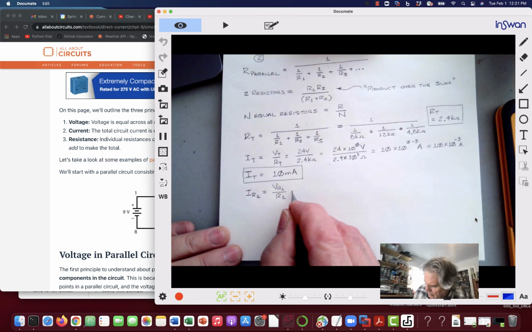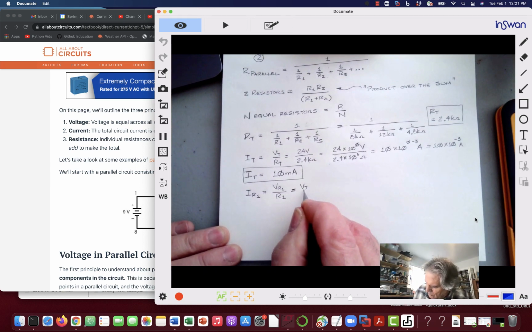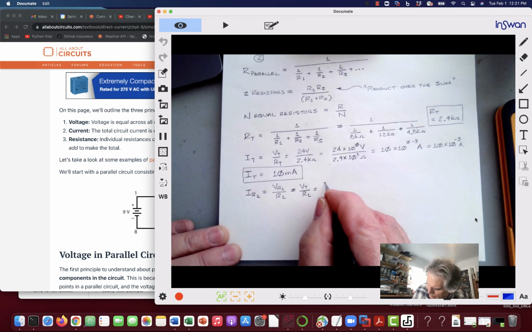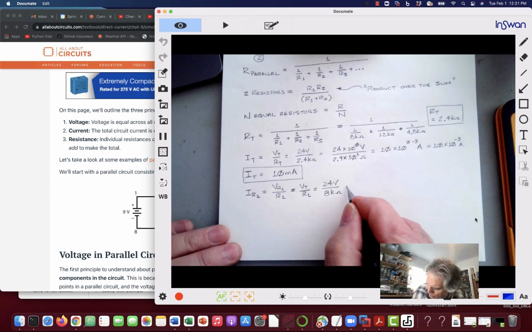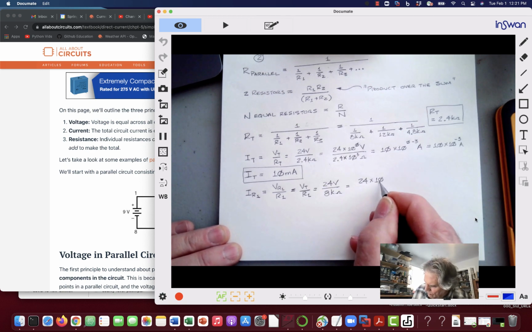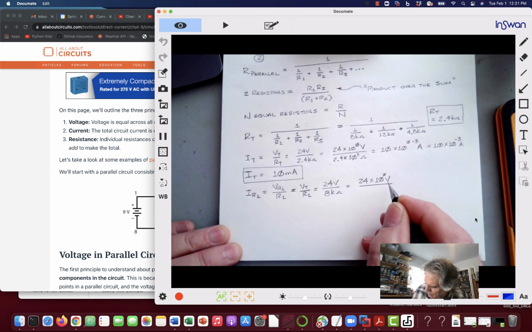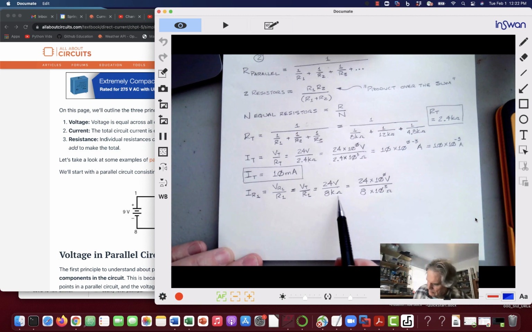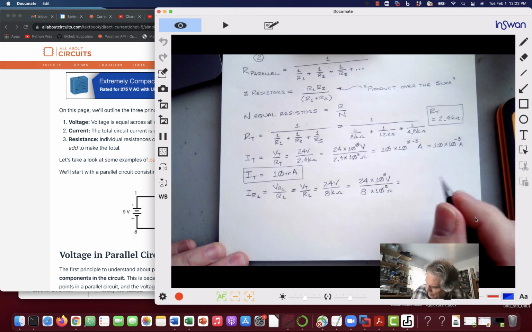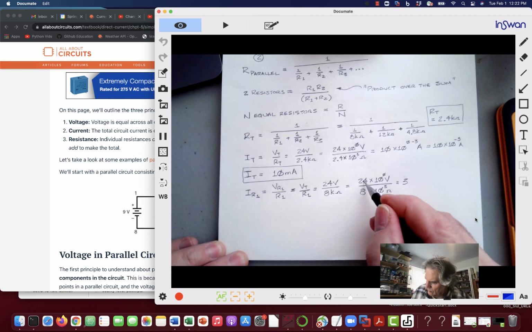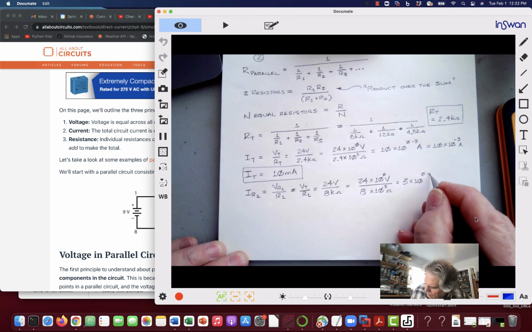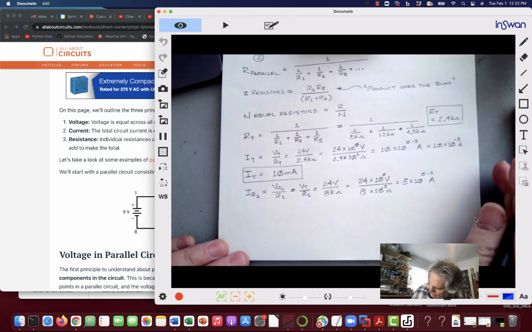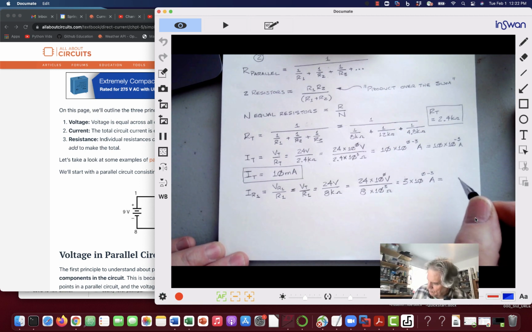We can rewrite this guy as V total divided by R1, and that gives us 24 volts divided by 8k ohms, and that's going to be 24 times 10 to the 0 volts divided by 8 times 10 to the 3 ohms, because K is 10 to the 3, and I'm going to get 3, because 24 divided by 8 is 3, 8 times 3 is 24, 3 times 10 to the 0 minus 3 again, amperes, and I'll let you prove to yourself that that's the same.